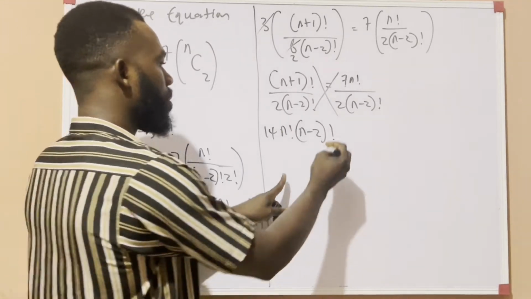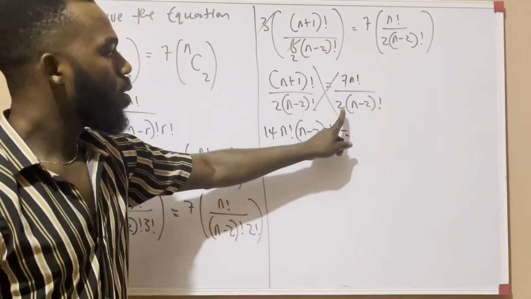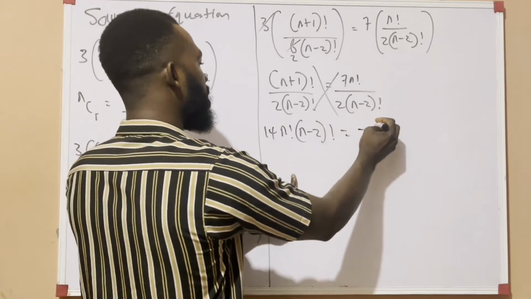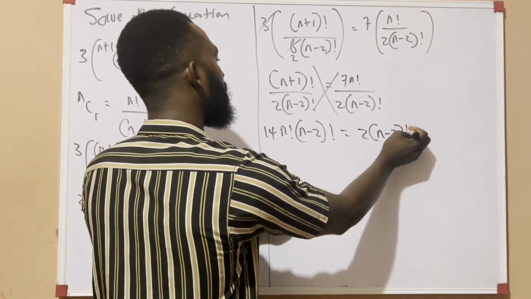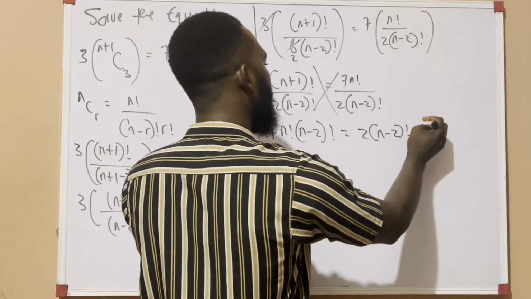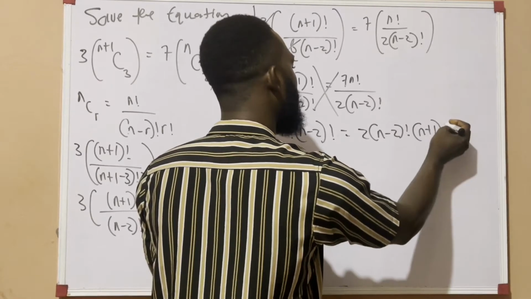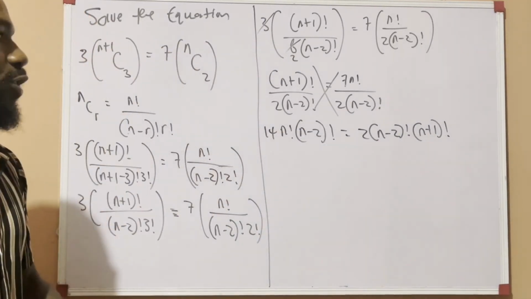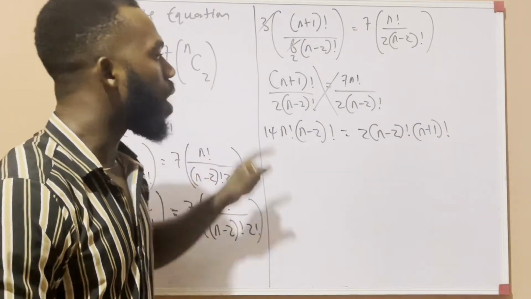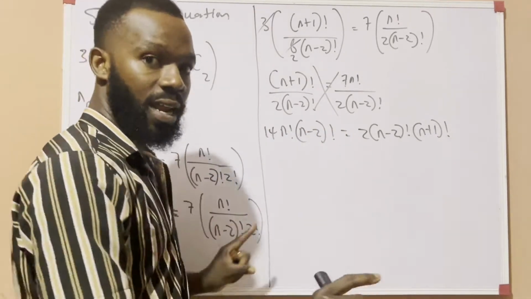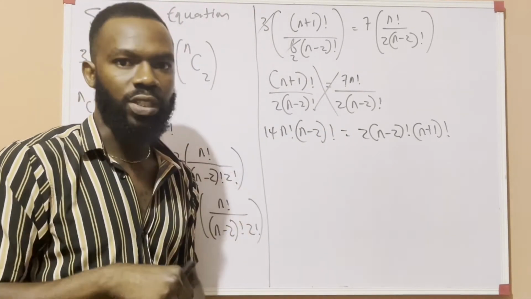Simple. Now, equal to here becomes 2 times (n minus 2) factorial, then n plus 1 factorial. It's as simple as that. We have cross multiplied. Now you will see that after cross multiplying, there is no more fraction. What we have is just a straight line, which is better for us to solve.